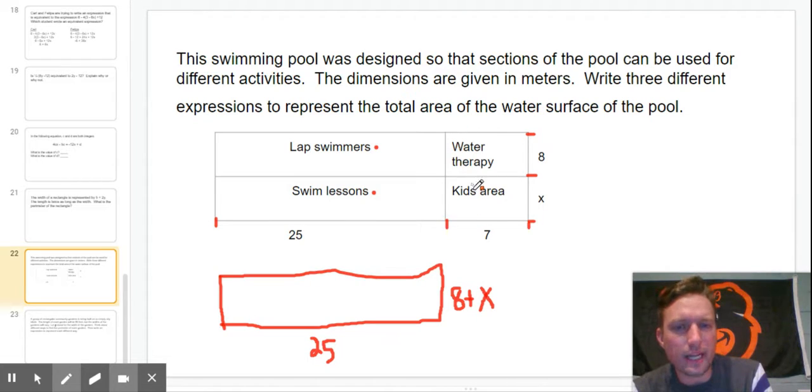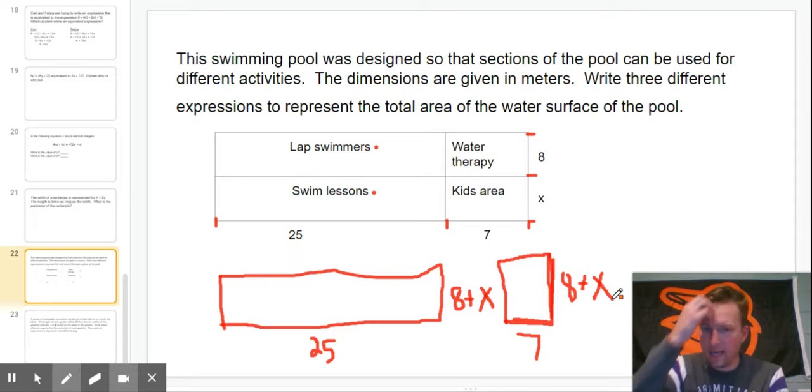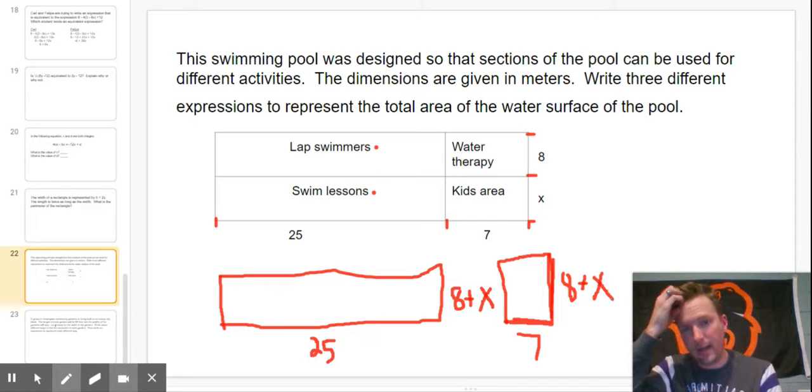Now we need to do this section as well. The length here would be 7, and the width here would be 8 plus x again. It would be the same. Now, we could write this as an expression: 25 times 8 plus x, plus 7 times 8 plus x.